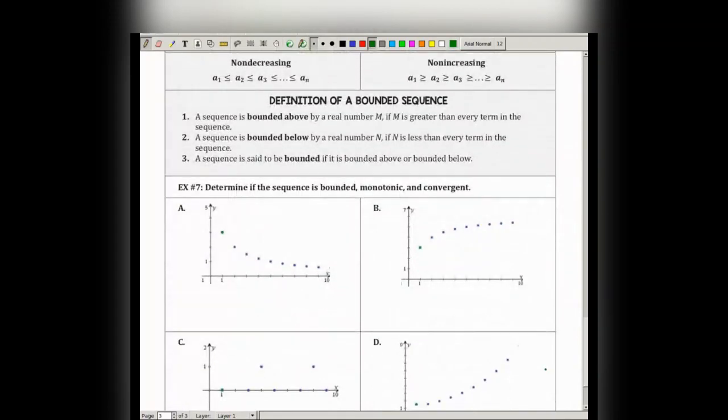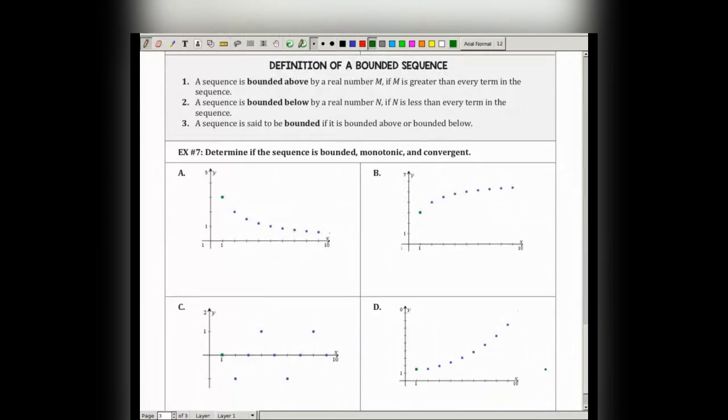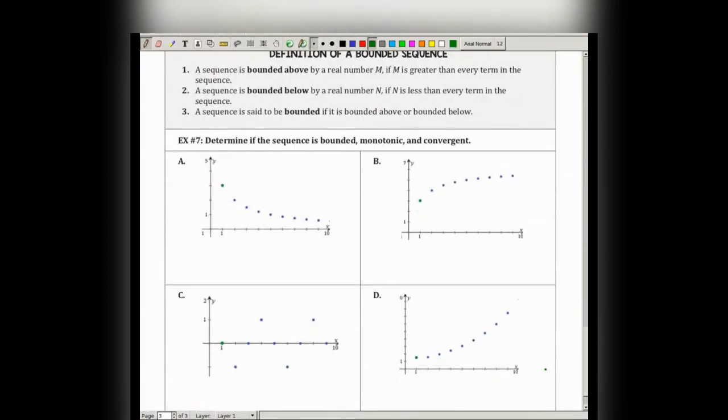If we look at C, this is an alternating one. It keeps going up, down, up, down, so it's alternating between two numbers. I think it's between -1 and 1. And then D is the one where it just keeps increasing, doesn't have a bound, and it diverges.